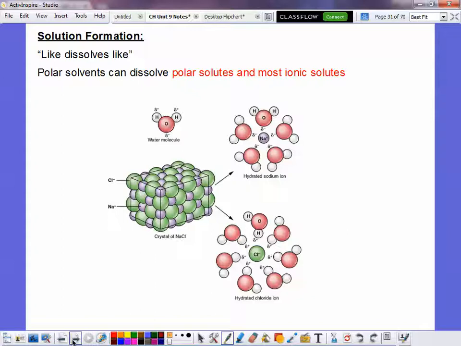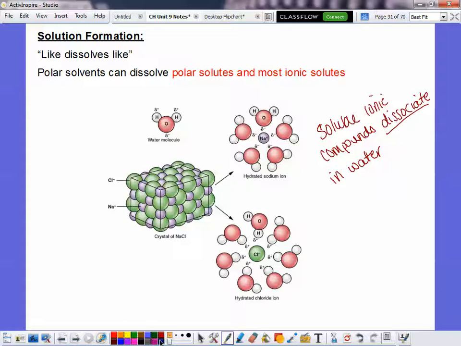Notice that the water molecules are breaking up the sodium ion and the chloride ions. That is called dissociating, okay? So soluble ionic compounds, soluble meaning that they will dissolve in water, dissociate in water.